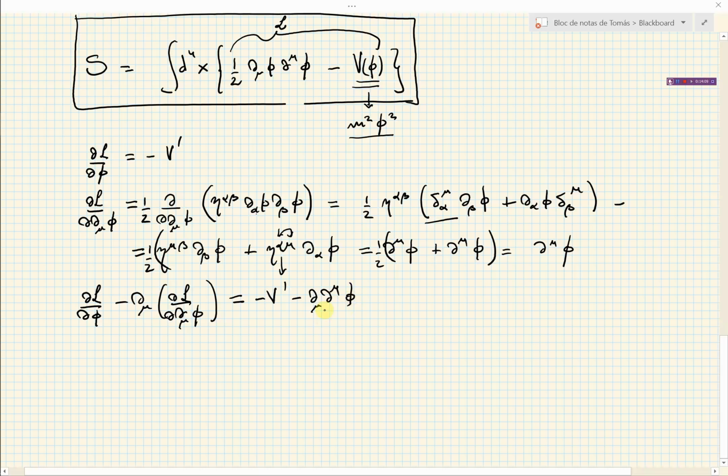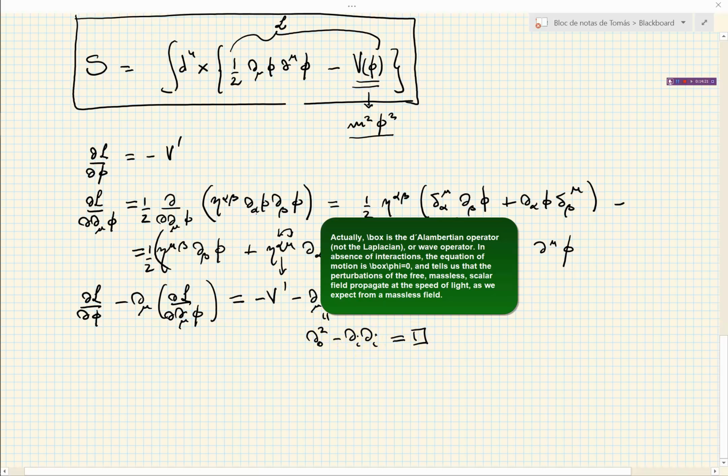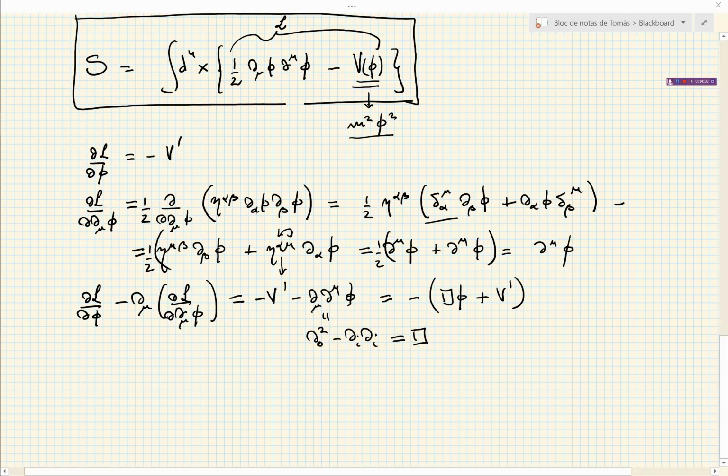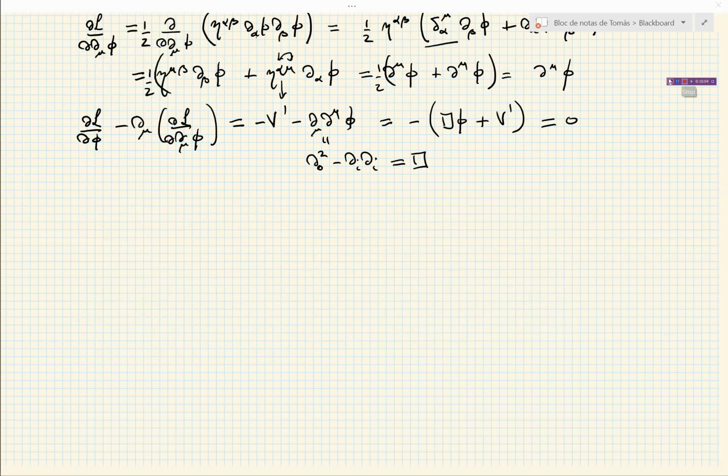Okay, this operator, which is d0 squared minus di squared, is the Laplacian, and usually we write it as a box. So this is minus box phi plus v prime equal to 0, and this is the equation.